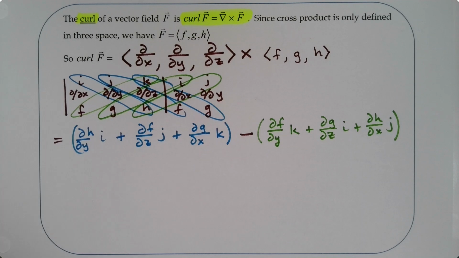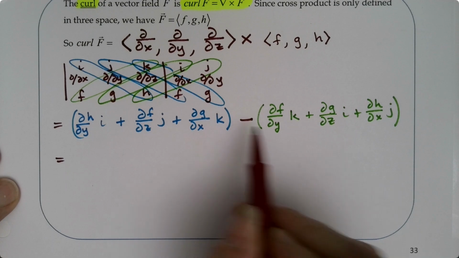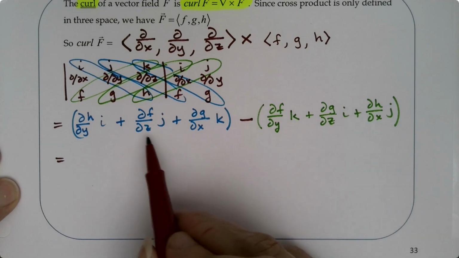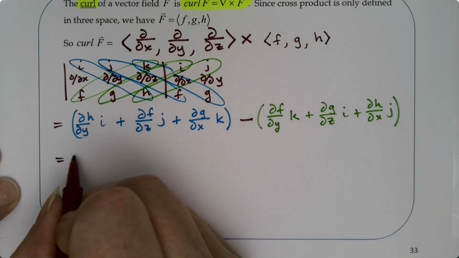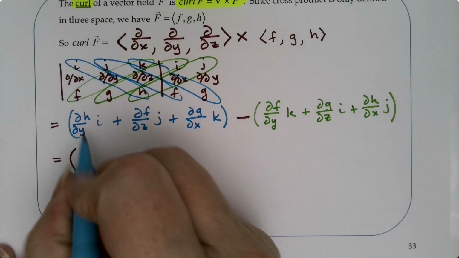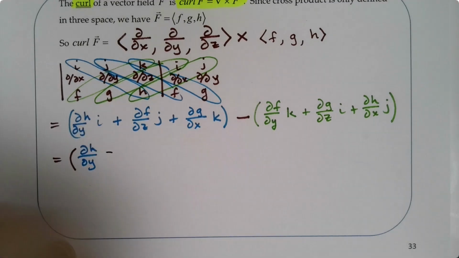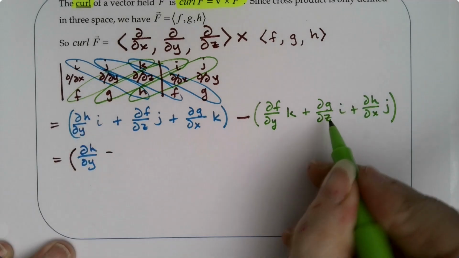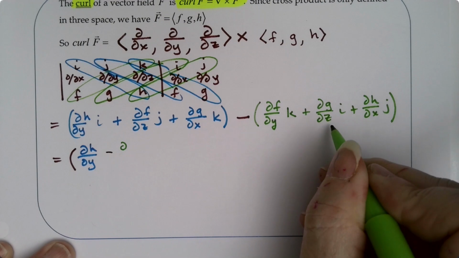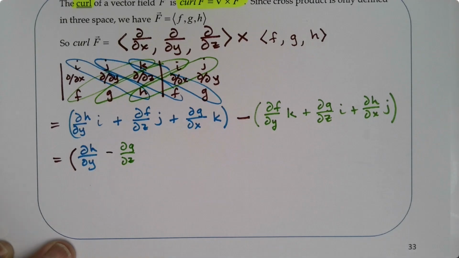All right, so let's put that all together. We're going to put the i ones together, the j ones together, and the k ones together. So this would be the partial h with respect to y minus the partial g with respect to z, and that's in the i component.